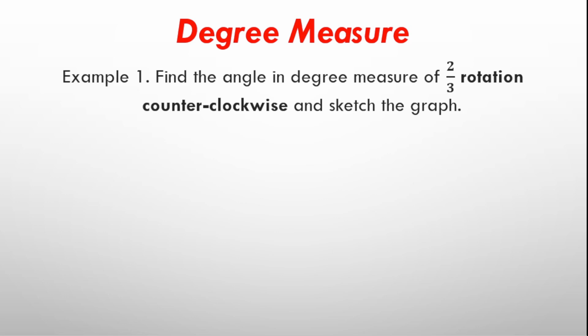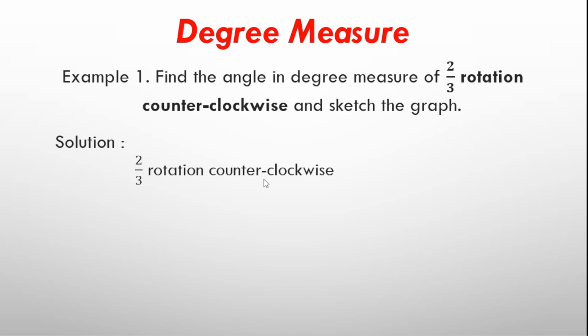Example number 1. Find the angle in degree measure of 2/3 rotation counterclockwise and sketch the graph. So first thing we need to do is get the 2/3 rotation, and take note that one full rotation counterclockwise is positive 360 degrees.